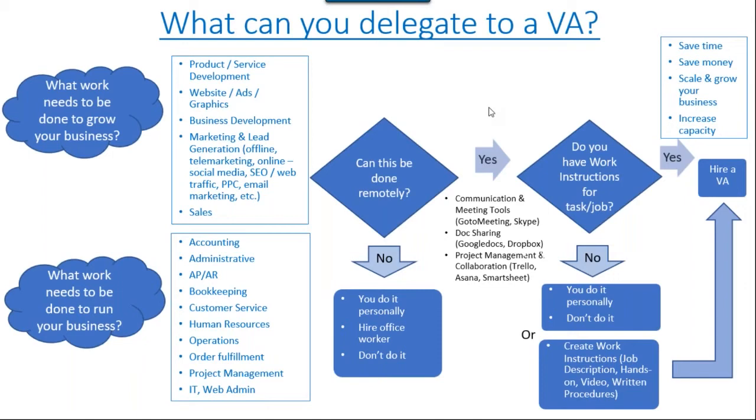And so if you don't have the work instructions, then either you make a decision, well, I'm just going to keep doing this task, or it might be a marketing activity that you wish you were doing, but you don't do it. For example, if it's trying to get organic traffic to your website, if you're not an SEO specialist, you're not going to know everything that needs to be done to do that, and maybe you just don't do it.